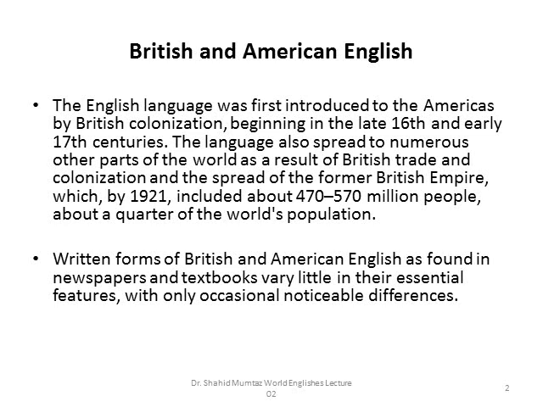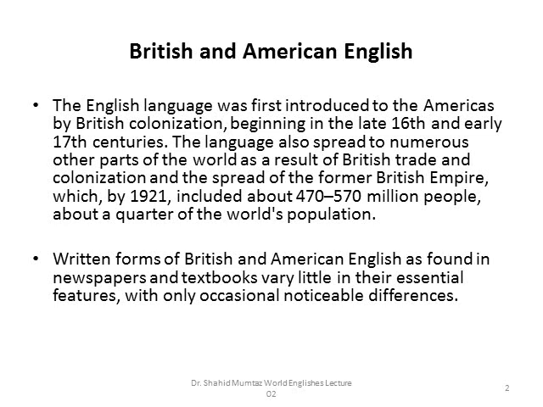Written forms of British and American English, as found in newspapers and textbooks, vary little in their essential features. So there is not much difference in the language found in newspapers and textbooks, in both versions of English, British and American.